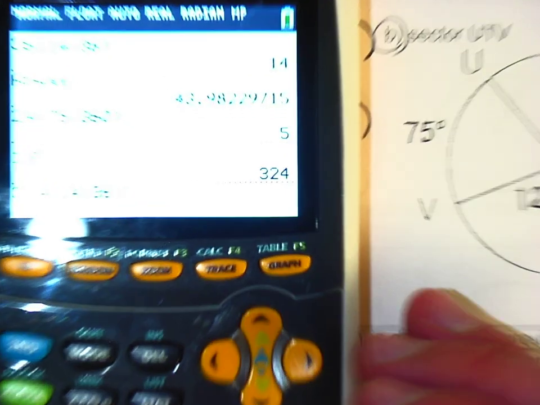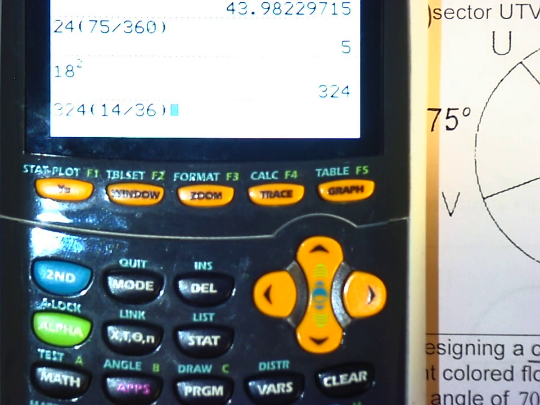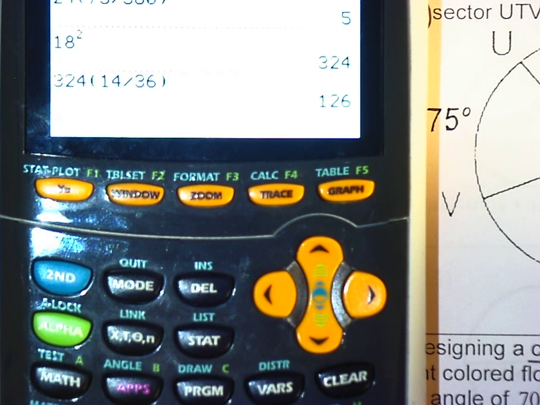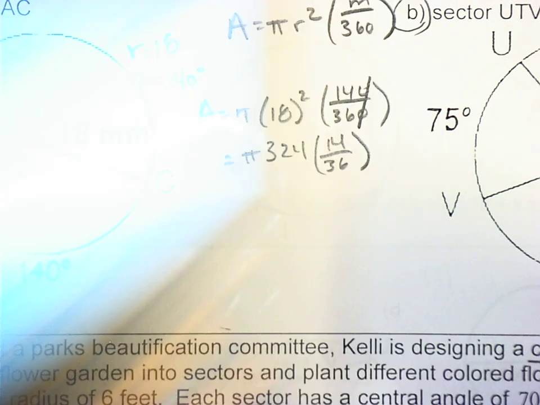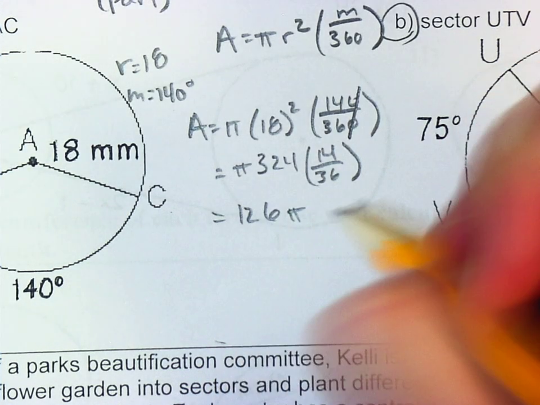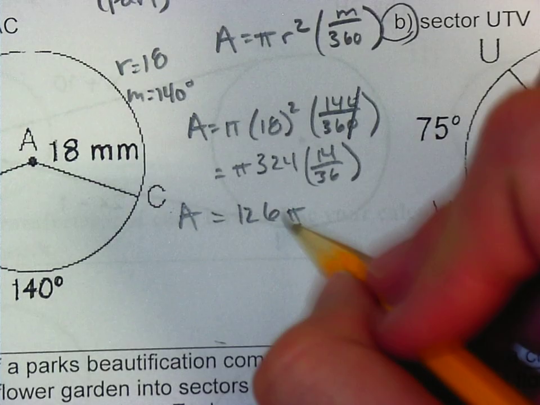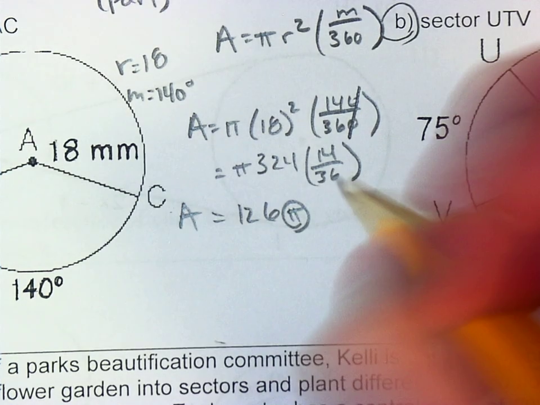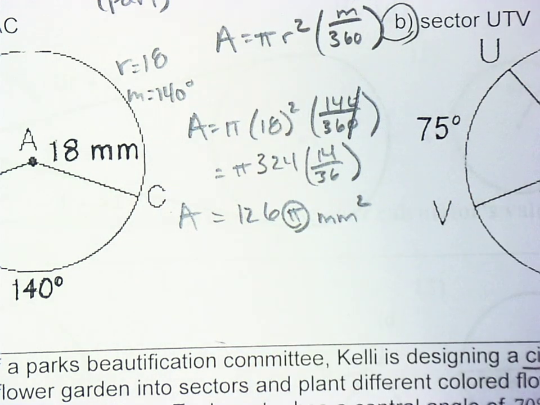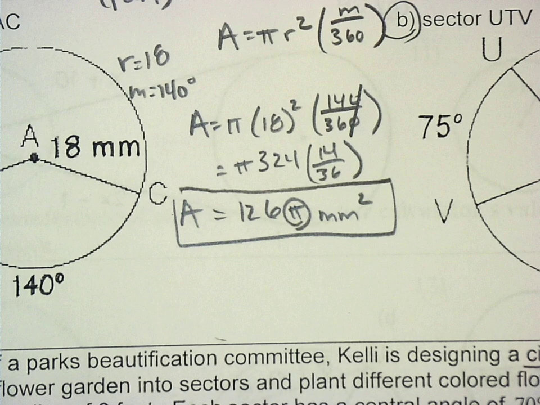Okay, and I type it in exactly how I see it on the paper. And that's going to give me 126 pi. And they wanted it in terms of pi, so we're going to leave that like that. And that would be millimeters squared, because it's area. So the units are squared.